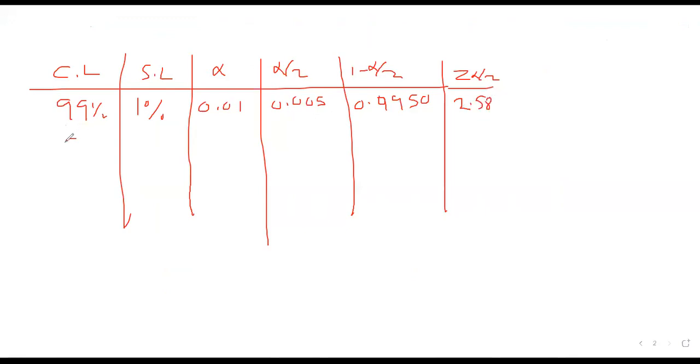Okay, let's go to 98%. What do we put here? The significance level is 2%, and here 0.02. Yeah. It should be 0.01.